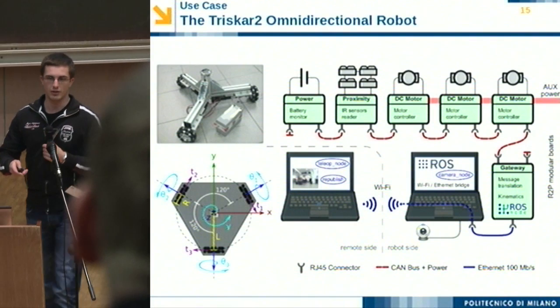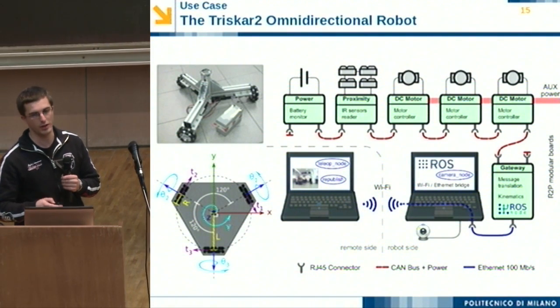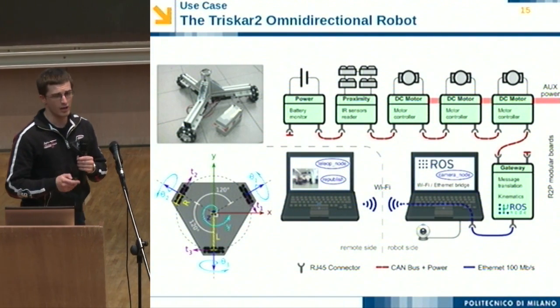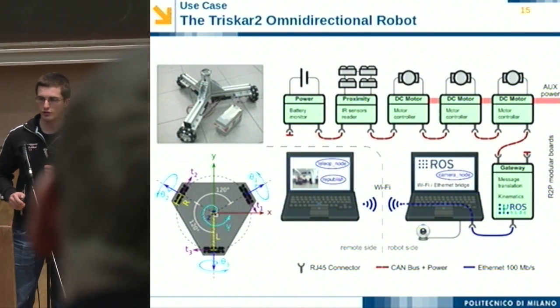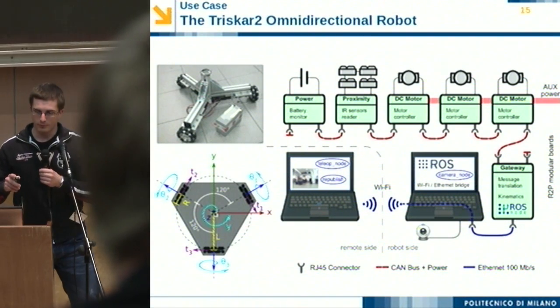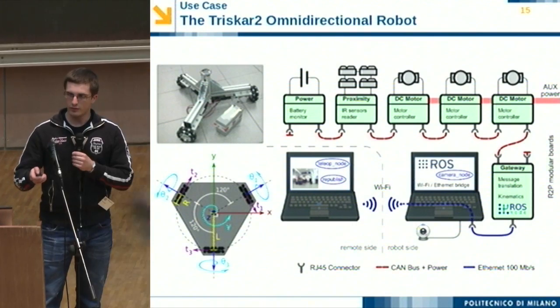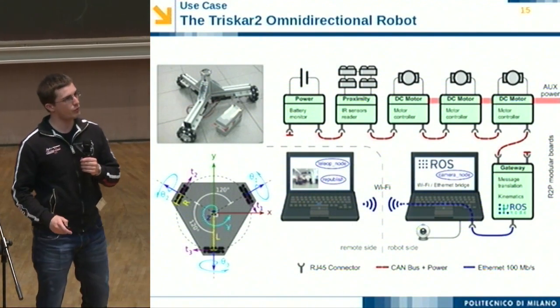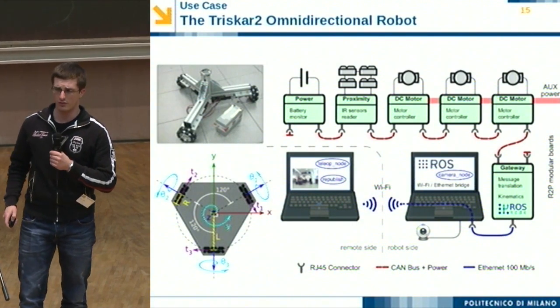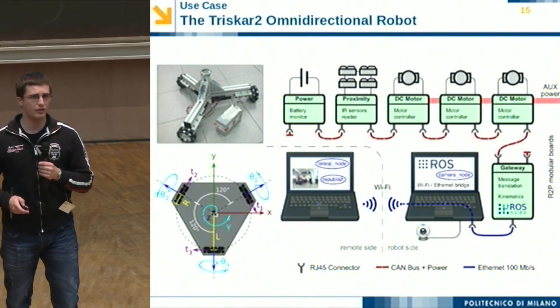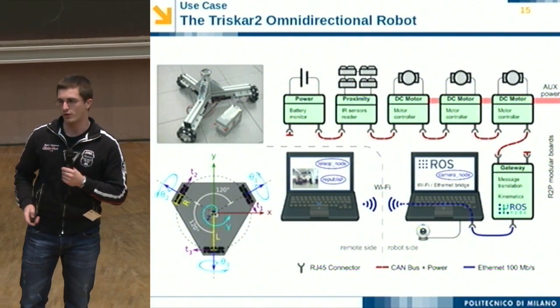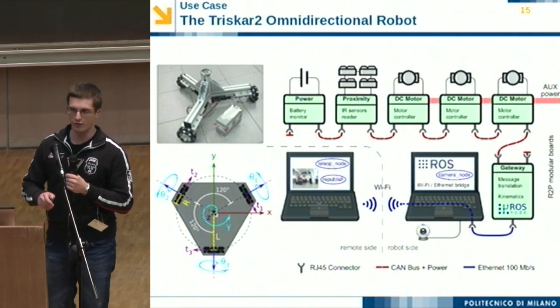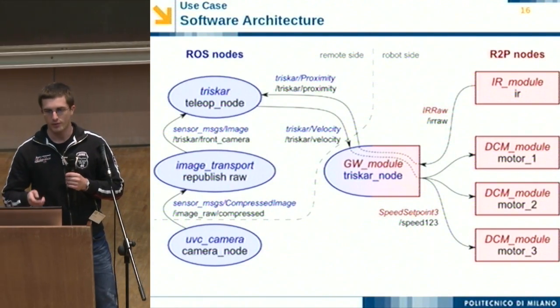It also does some computation like kinematics, not only message production and consumption. The robot also mounts another computer which is only used as a ROS master and to stream data from a camera to a remote computer. So it is not used in this case for ROS processing.